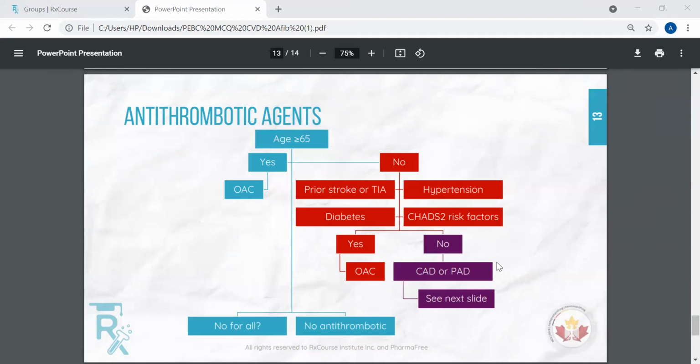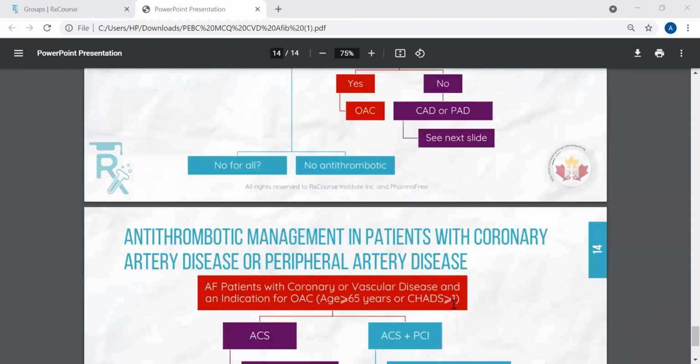If the answer is no, I will look to the third stage, which is if the patient has coronary artery disease or peripheral artery disease. If the patient has peripheral or coronary artery disease, I have to look here.